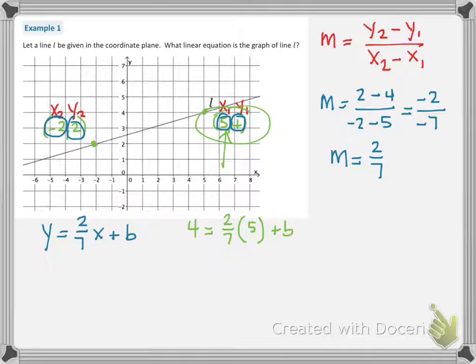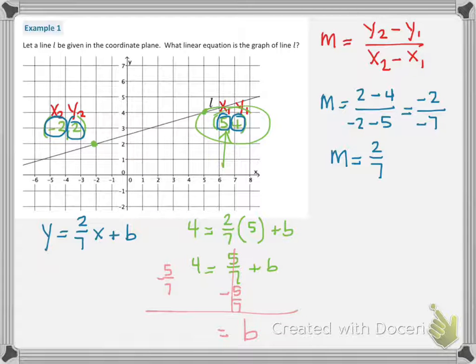So let's do that. 2/7 times 5 is 5/7, so we get 4 is equal to 5/7 plus b. And then in order to isolate the b, I can just subtract 5/7 from both sides. Subtract 5/7, and let's see, that cancels. I get b is equal to 4 minus 5/7.